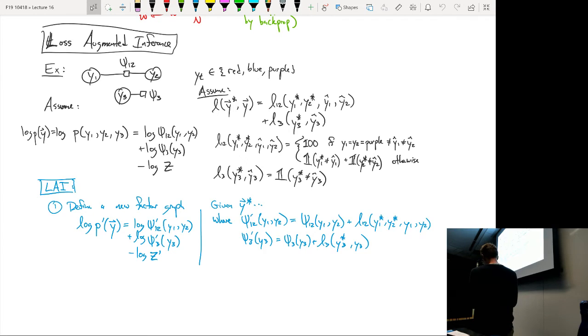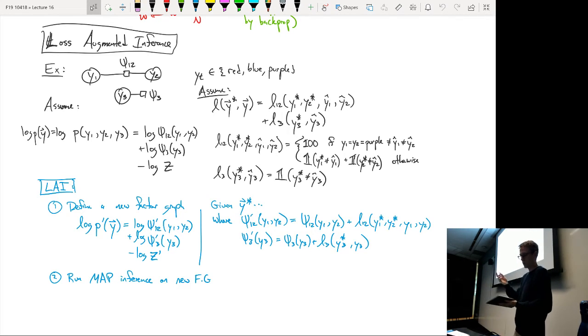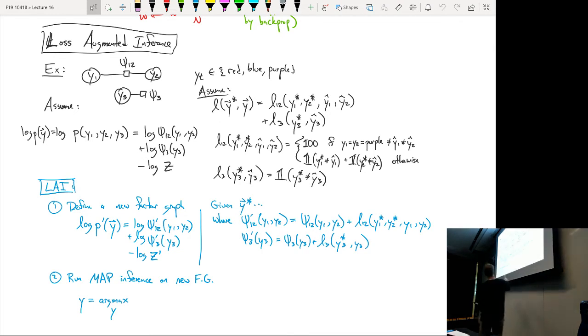So once we've actually defined this new factor graph, now we get to the fun part. We can just run map inference on our new factor graph. So what is this doing? It's saying, well, we want the value of y, that is the argmax over possible y's, of the log probability of y under the distribution, not p, but this new p prime.